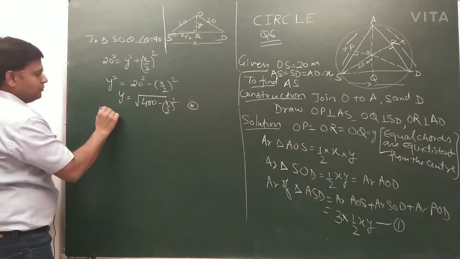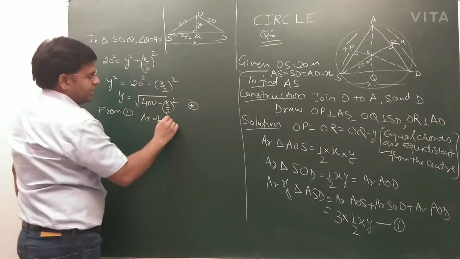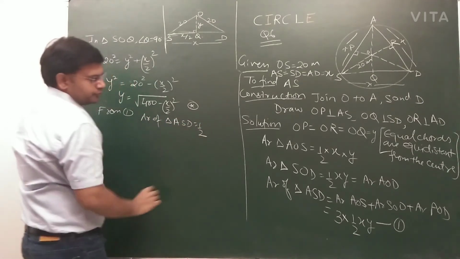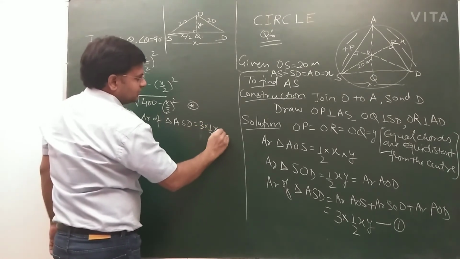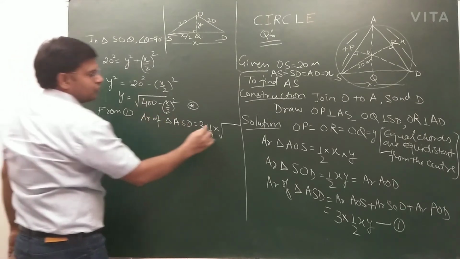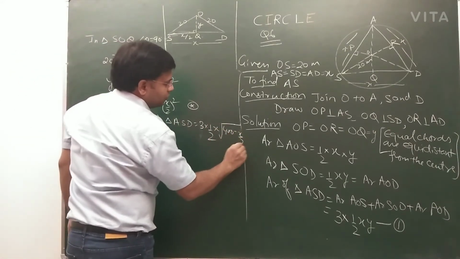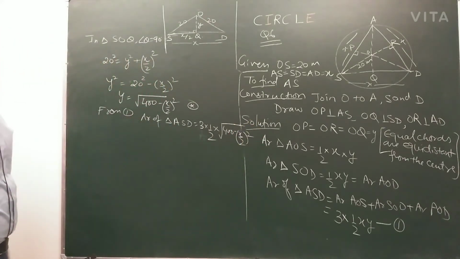So from 1, the area of triangle ASD will be 3 into 1 by 2 x into the square root of 400 minus x by 2 whole square. So this is the area of ASD.